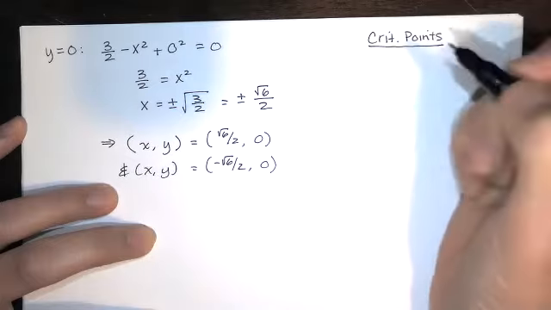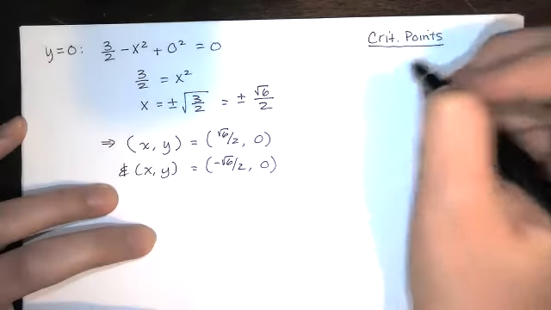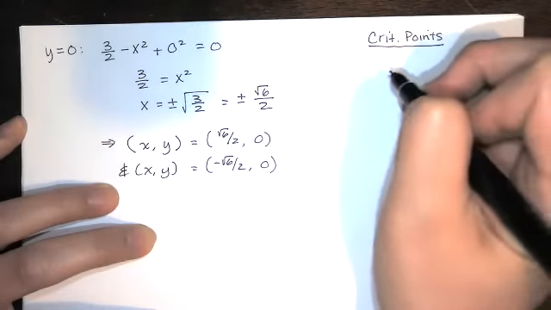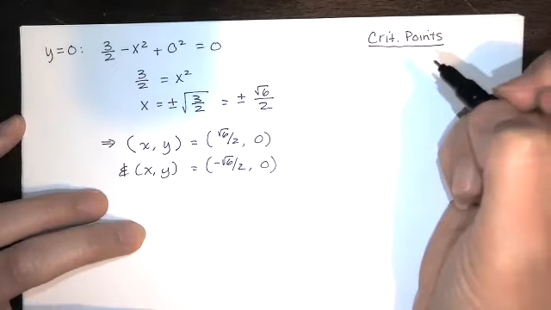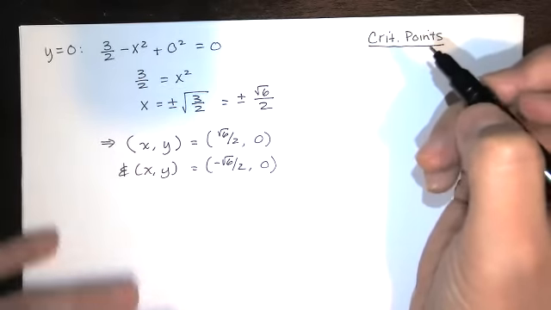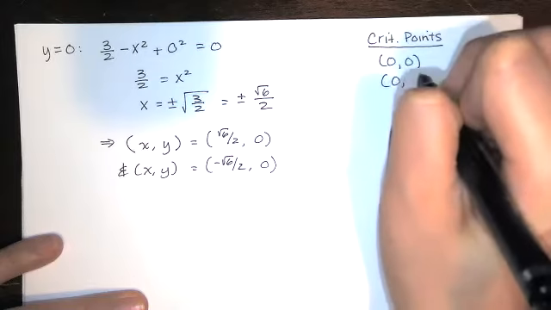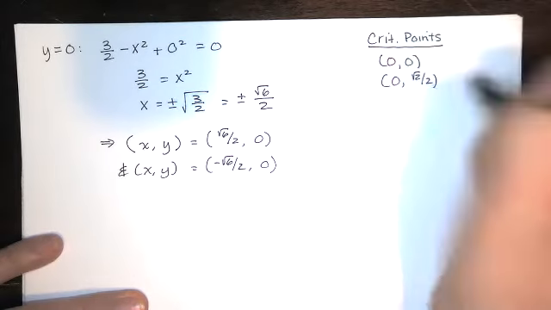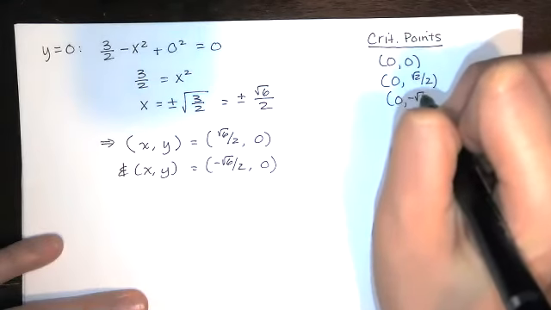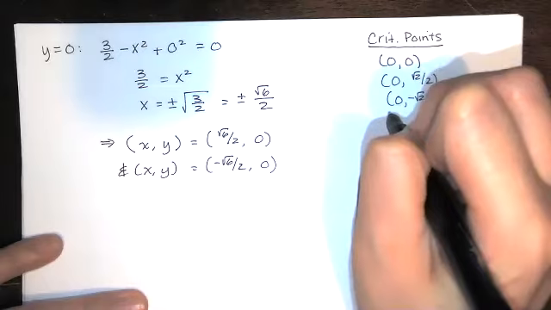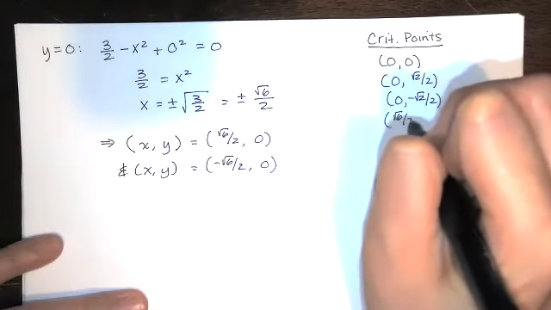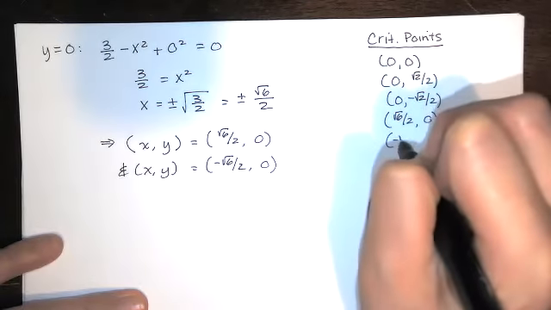This doesn't often happen, but it does happen with these polynomials times exponential functions, as you can see. And our list of critical points was 0, 0, 0, and square root of 2/2, and 0, and negative square root of 2/2. And then we had these guys that we just found.